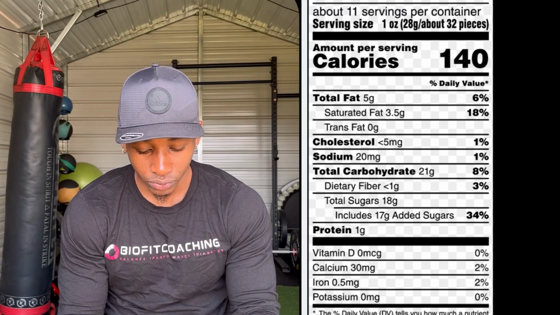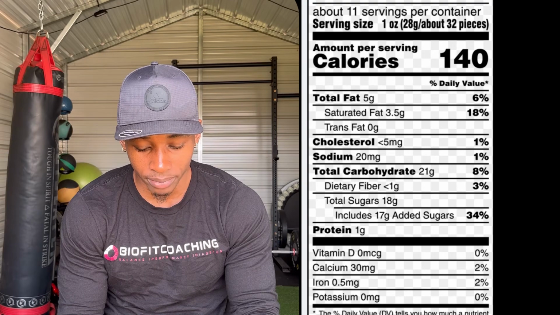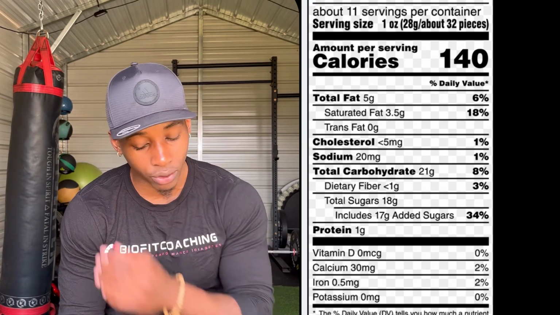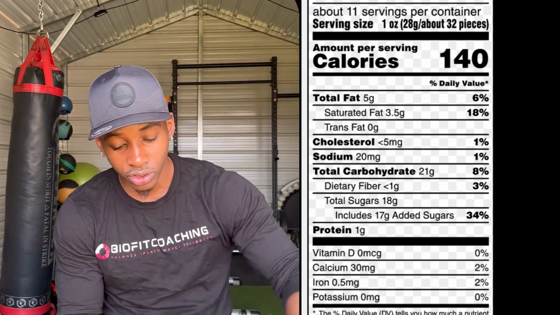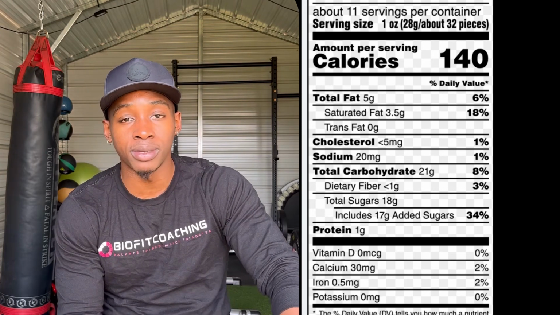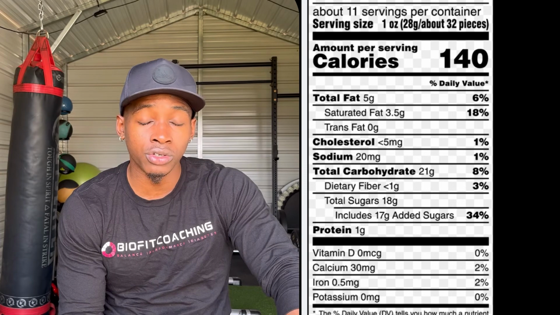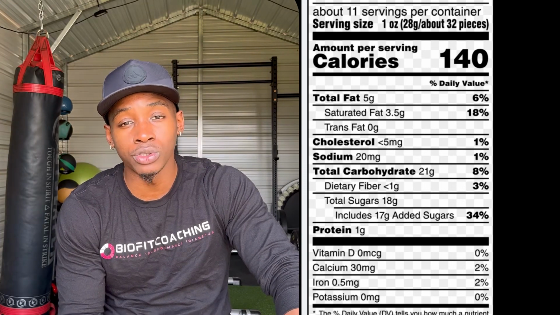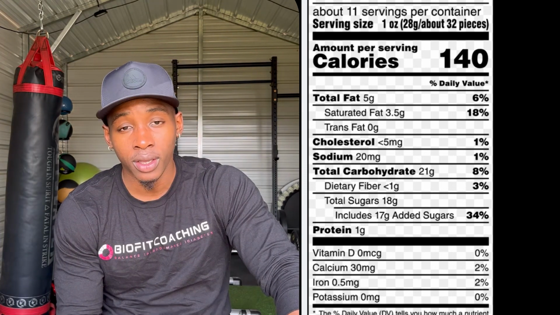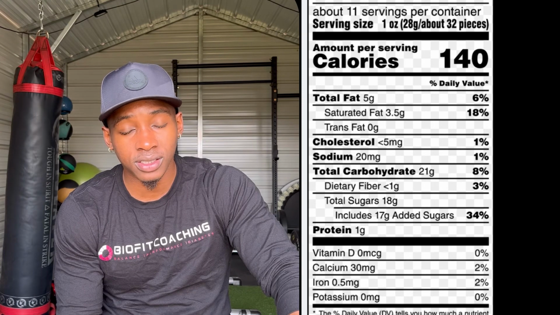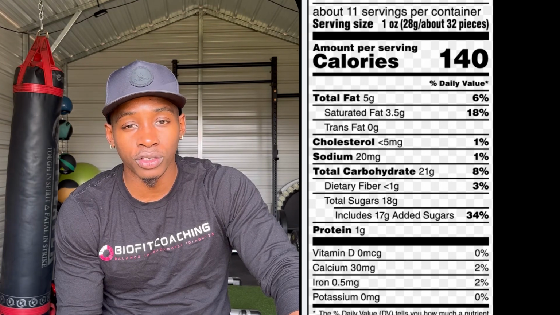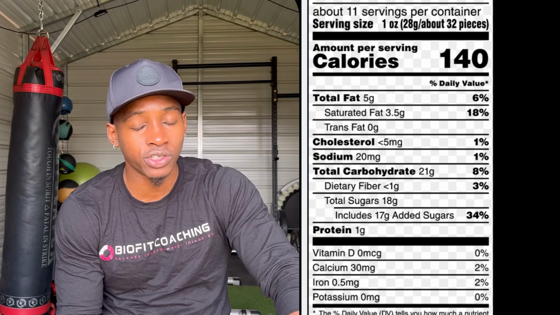So I missed sugar. Going back to the macro side, if you see sugar, you want that total sugar number to be low. Now, natural sugar and added sugar are different. Usually your fruit-based foods will have a natural sugar to it. But if it's over 20 grams of added sugar, that's too much.